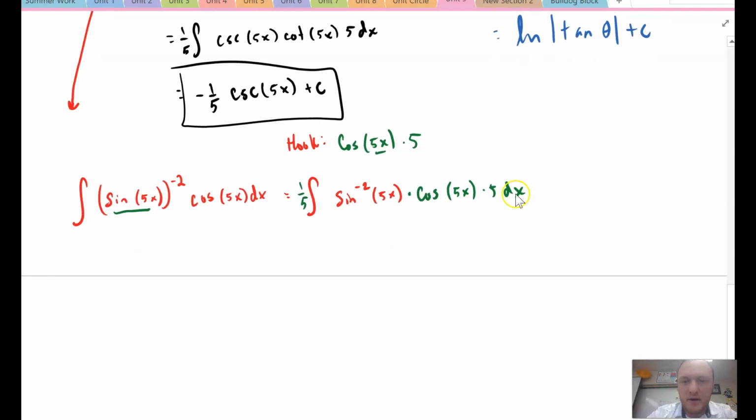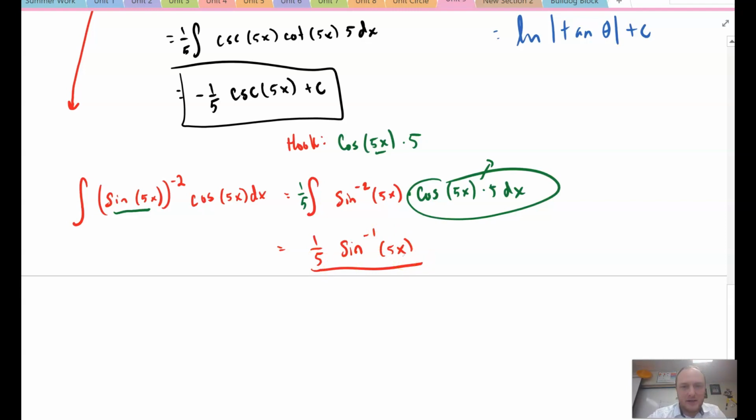And again, the hook will go away, and we get 1/5 sine, again, the power is going to increase by 1, and I'm going to divide by that power, actually I don't like it like that, I'm going to write it like this, -1.